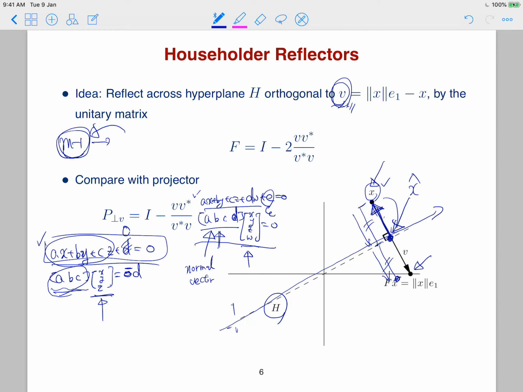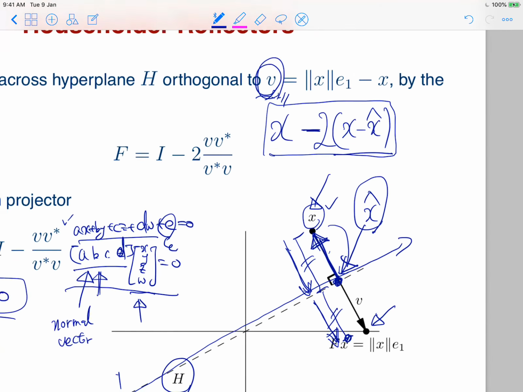It is as follows: x minus x hat, negative this much, will result in x hat, right? And then we move in the same direction with the same amount once again, so we just multiply it by 2. This will give us the reflection point with respect to this hyperplane.